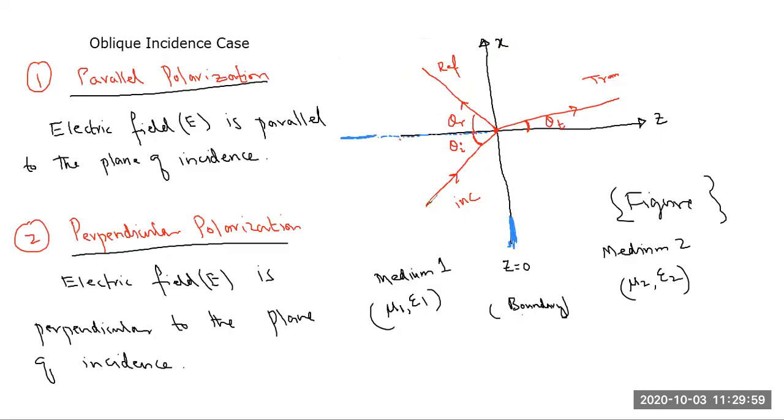This perpendicular and this line are both lying in the xz plane. So if I apply this definition to our case, the plane of incidence must be the xz plane.